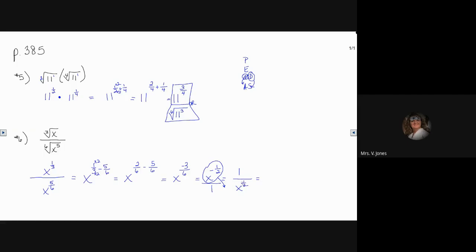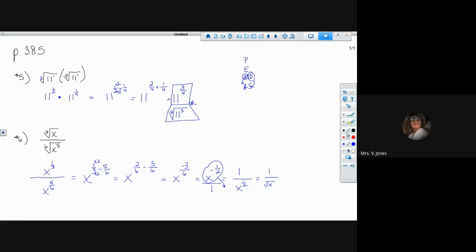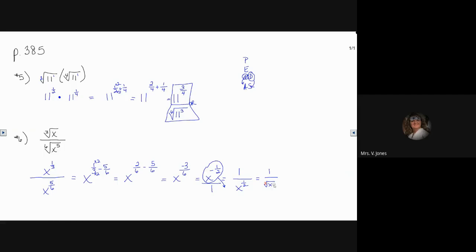Now, the problem with this 1/2 down here on the bottom is, if we rewrite that in radical form, that is the square root of x. And this is not simplified if you have a radical on the bottom. So since it's a square root, that means we need 2 x's being multiplied down here for that radical to go away.